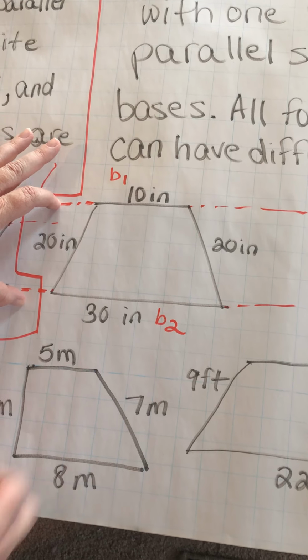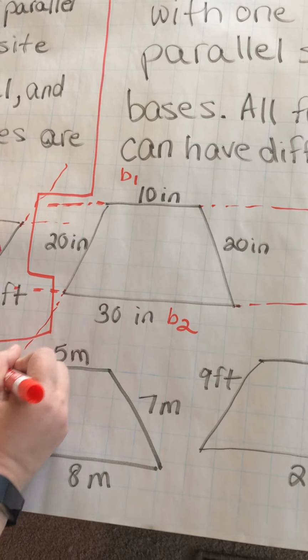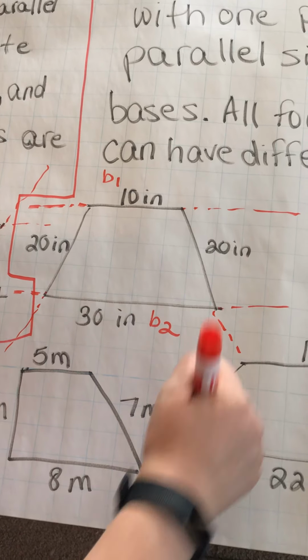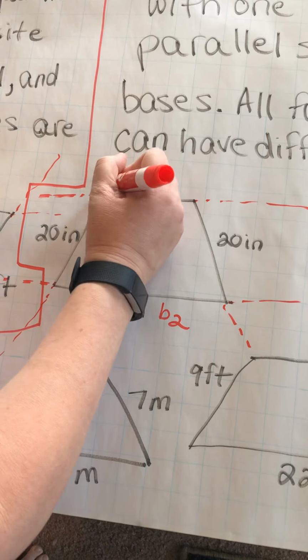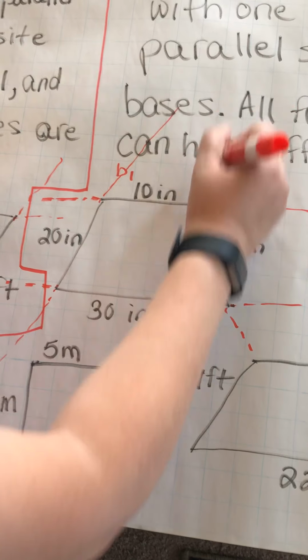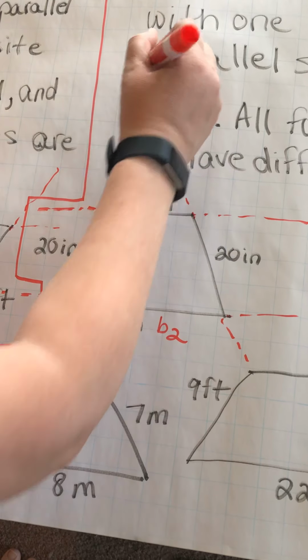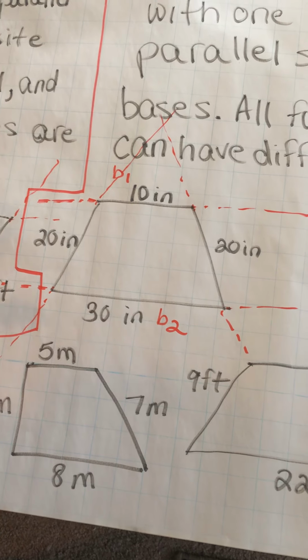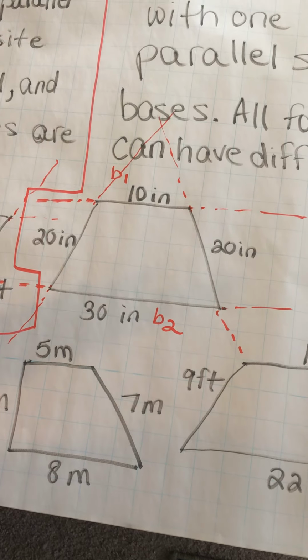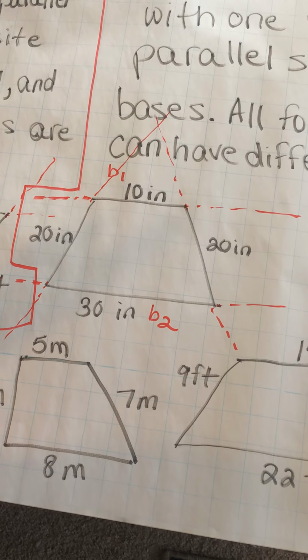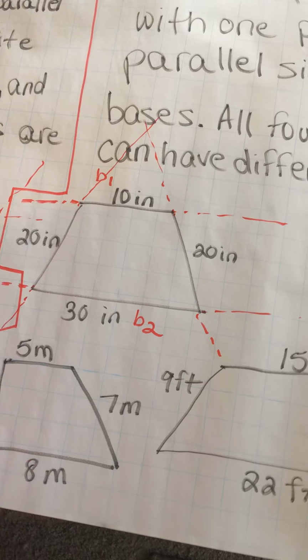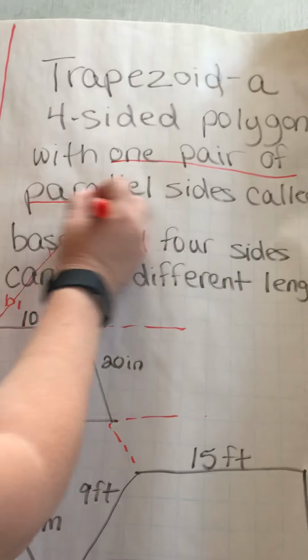Now, why? Well, if you extended this way and you extended this way, that would be getting further apart. But the problem is at the top of it. When you start going like this, and you start going like this, it's going to, sometime at some point, it's going to cross. That's not a true parallel sides, okay? So trapezoid only has one pair of parallel sides.